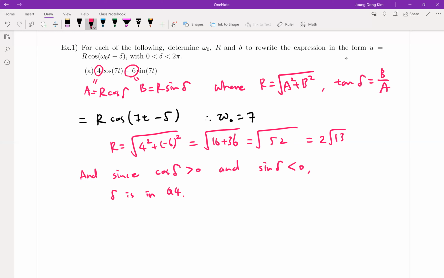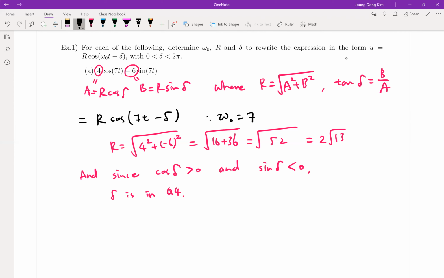Whenever you do tangent inverse of b over a, that value will be a negative angle, which is in the fourth quadrant. But in this problem, your delta must be between 0 and 2 pi. So we have to convert that into the 0 to 2 pi range, which means you subtract a negative value from 2 pi.